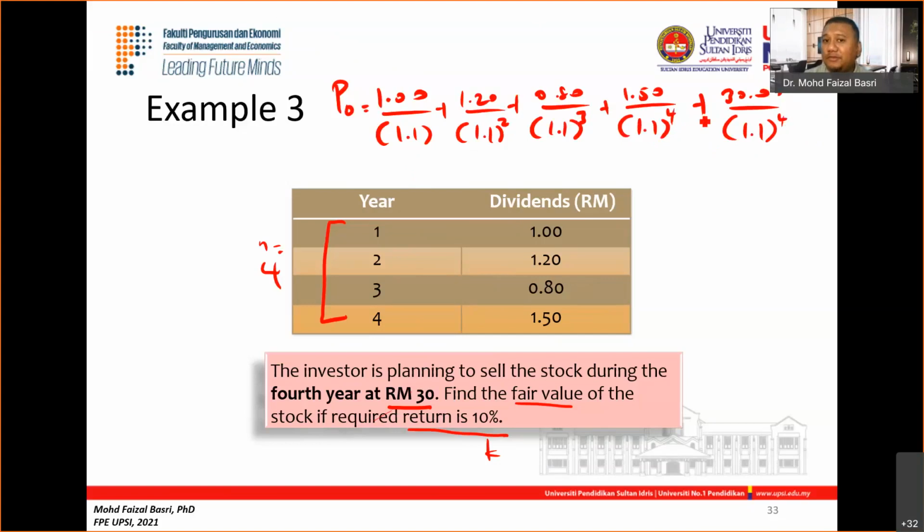So be careful, don't keep on increasing your power until the last one and suddenly put to the power of 5. No, the power for our price must be consistent with the final dividend. It's not increasing anymore. It will stop at 4, then we're going to use 4 for the price. So how much is this?